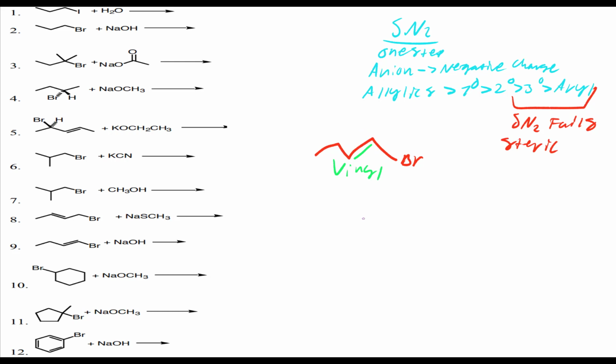So if you were to do a blown up image, you have a carbon attached to a carbon, and that carbon is attached to a bromine, but this carbon right here is double bonded. And that's really bad because it's very hard for you to yank this bond out of bromine. And you should know that the SN2 reaction is not going to work. So vinyl never works for an SN2 reaction.